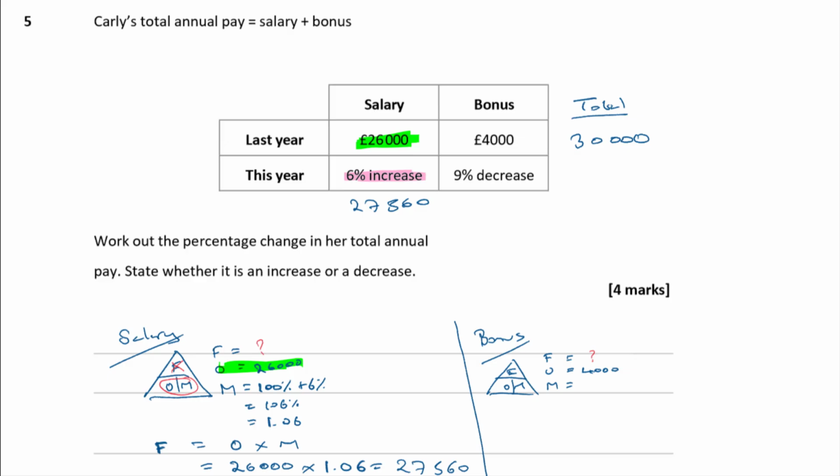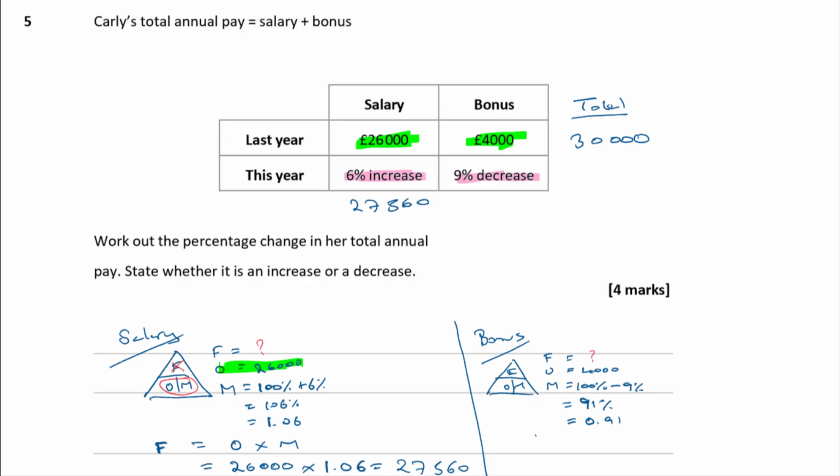The multiplier this time is going to be that 9% decrease, isn't it? So 100%, because you always start with 100%, minus 9%, because it's a decrease, leaves us with 91%, and 91% as a multiplier is 0.91.